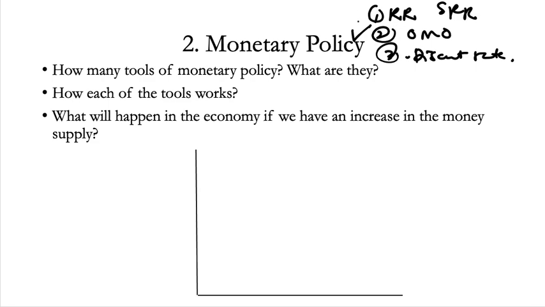Because if the central bank starts to use number 1 and number 3, that means our country is in a very, very difficult situation, like what happened in 1997, where we had an economic crisis. So government used to reduce required reserve ratio, or SRR, and also discount rate.